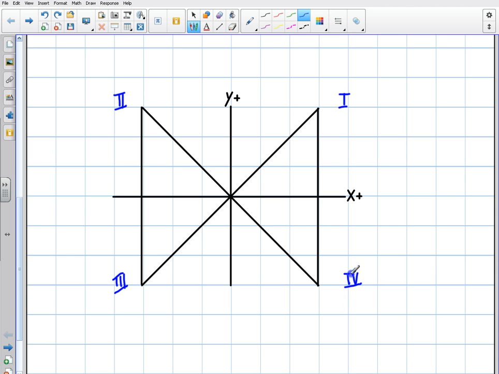And a lot of times you will also see a compass labeled like this: north, south, east, and west. So depending on the problem, it may ask you for the x and the y axis, or it might ask you in terms of north, south, east, and west. It doesn't really matter. It's the same concept.